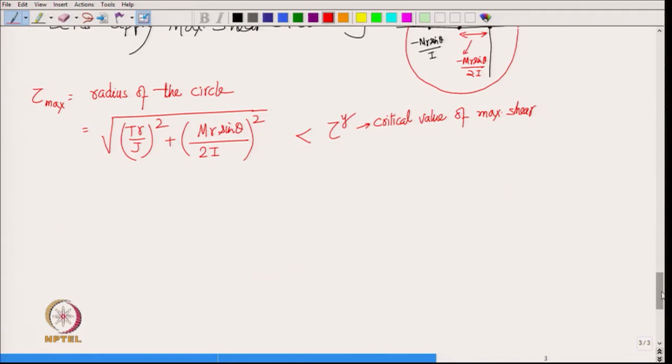Now, you see each of the terms are proportional to radius. So, where exactly will this be maximum? Because that is the point where the body is going to fail first. So, that is on the outer periphery of the cross section, right, or on the lateral surface of the cylinder.